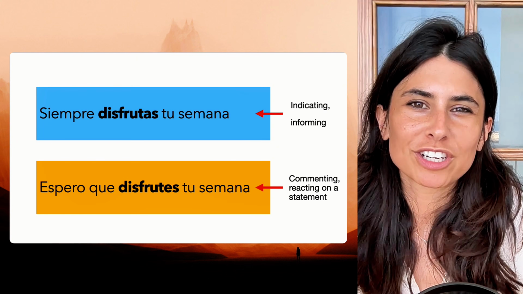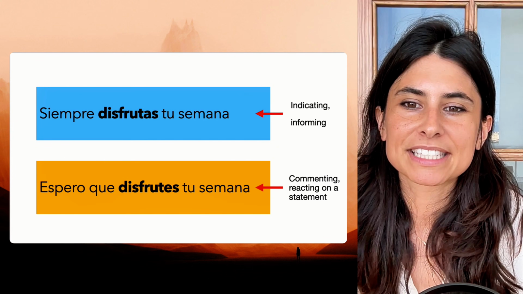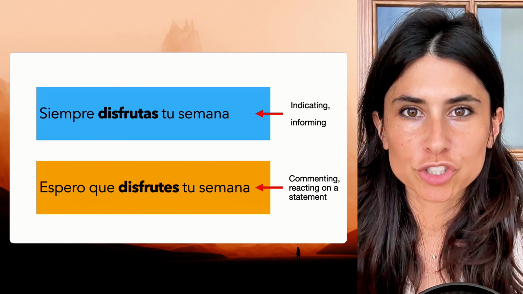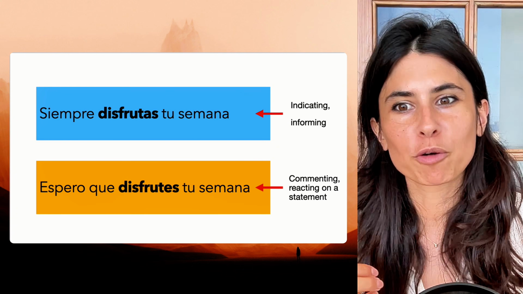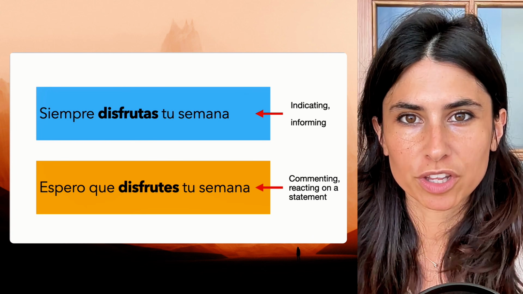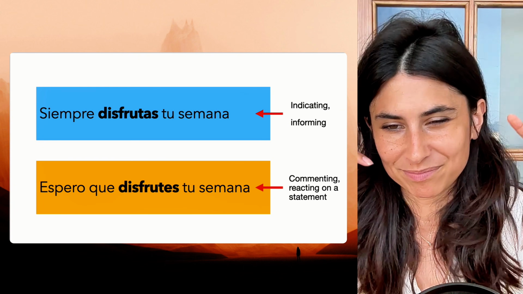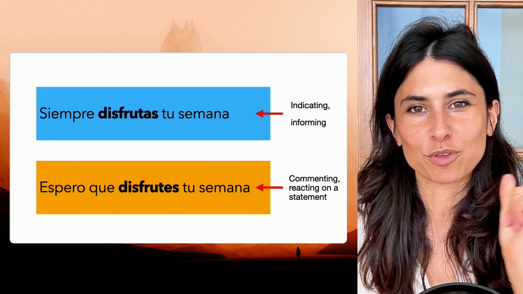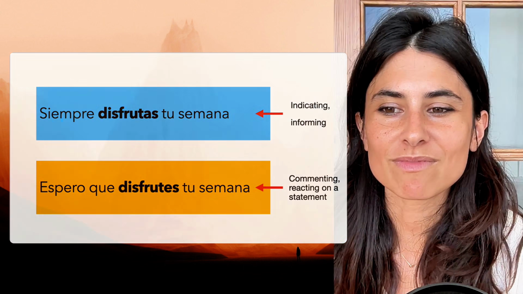But what you're actually saying is, I hope that, hey, you enjoy your week. I'm informing, this is my hope. And also I'm informing that you enjoy the week, but I'm not informing that. That's why subjuntivo. Okay?